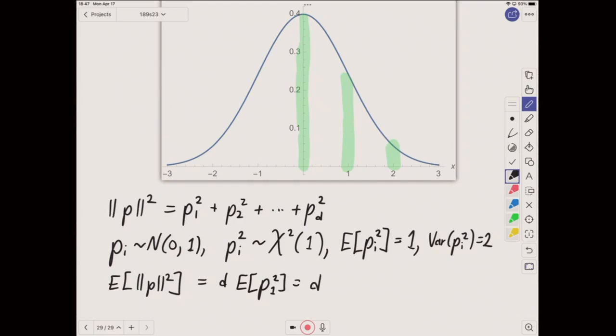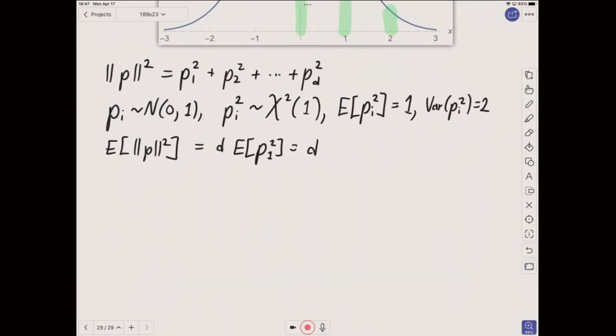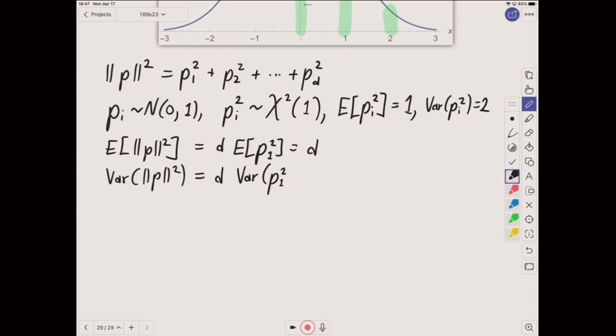So that's d. And the variance of p squared is going to be d times the variance of any one of the squared components. And that variance is 2, as I just said, so that's 2d.